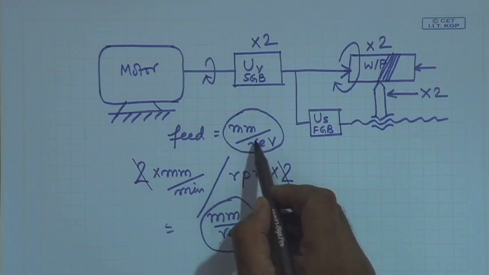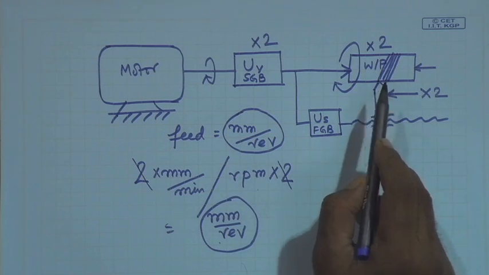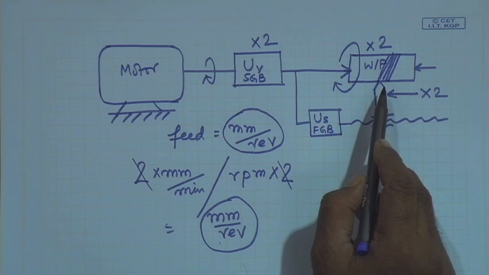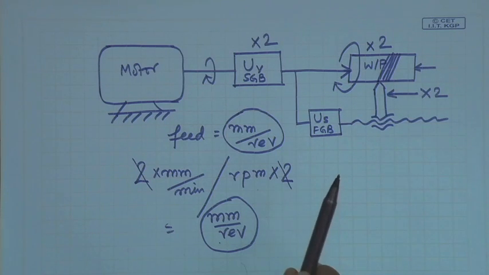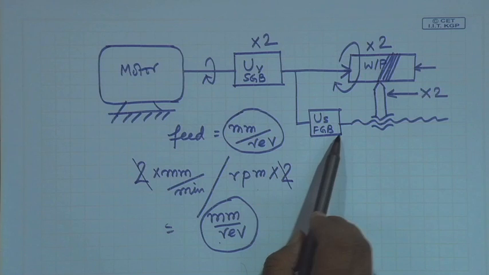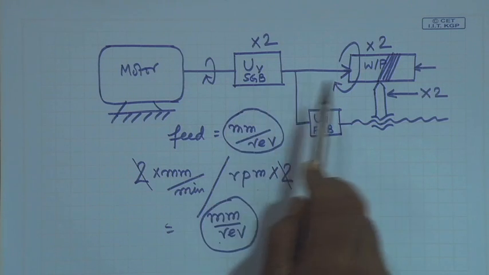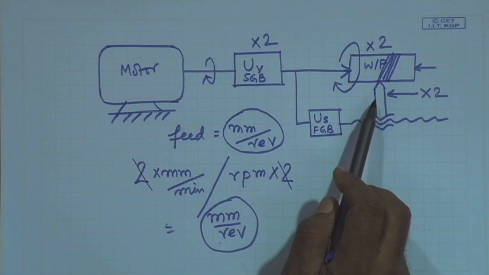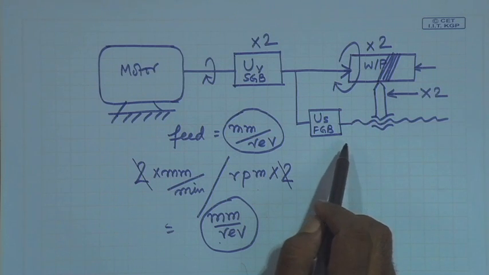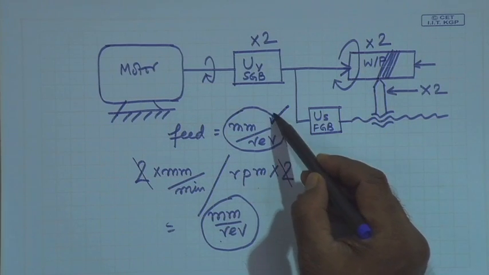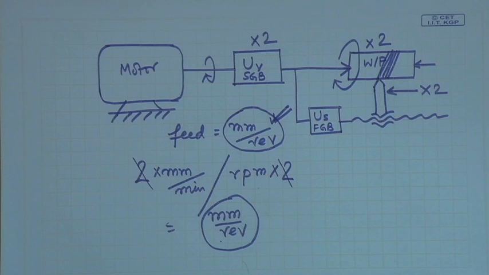This also defines the pitch of the thread you are attempting to cut on the lathe. So, we find that the gearboxes are affecting only the parameters they are supposed to affect, by virtue of the definition of feed.